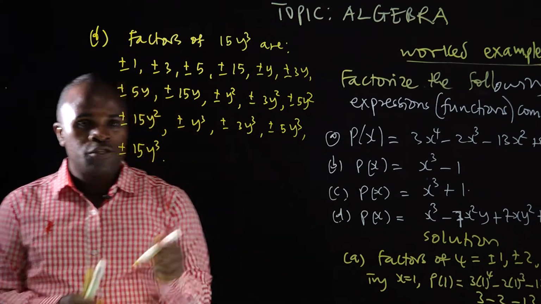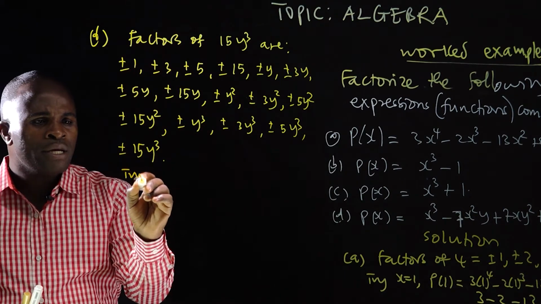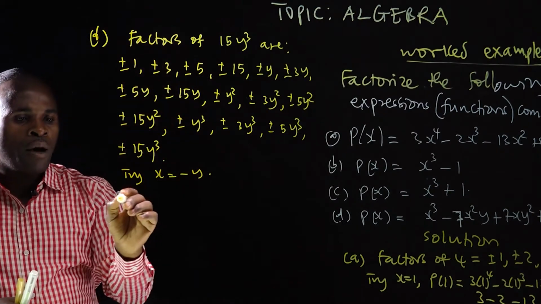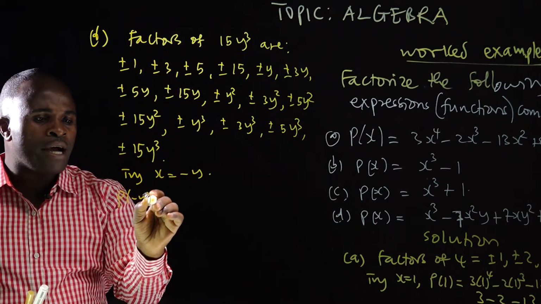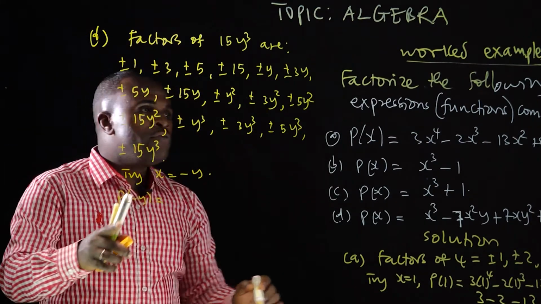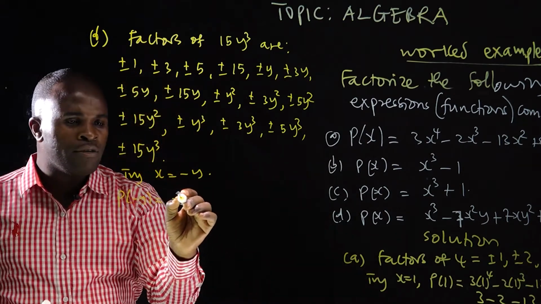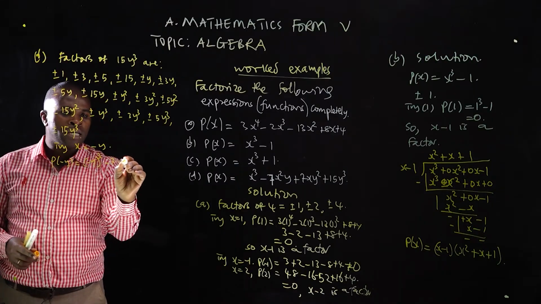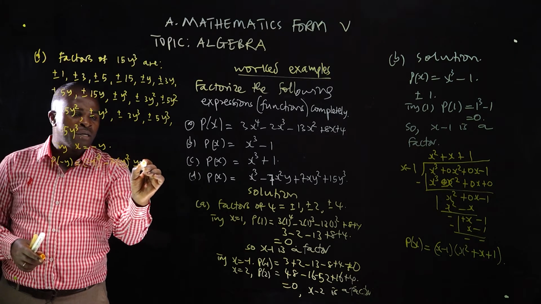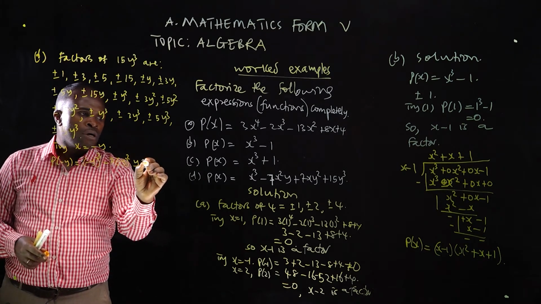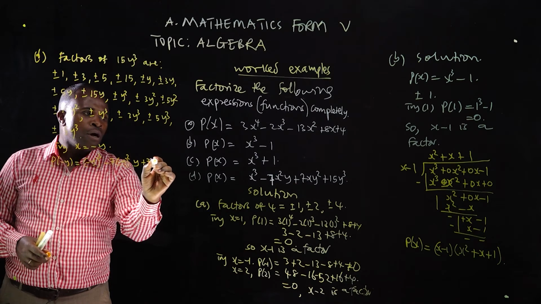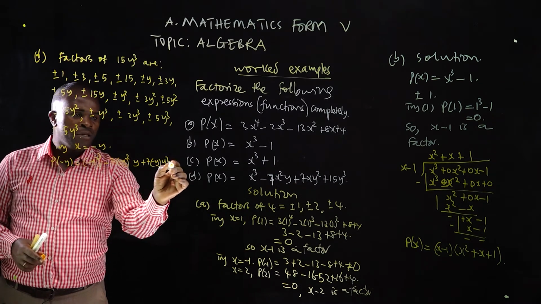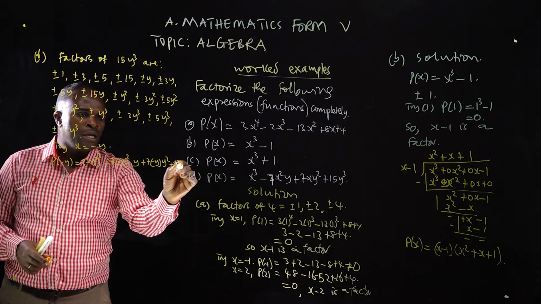With our question, we say, try x equals negative y. It means p of negative y equals, plugging negative y wherever there, so negative y cube, and here it says minus 7 times negative y square times y, and here plus 7 times negative y, and we have y square, and then finally 15y cubed.